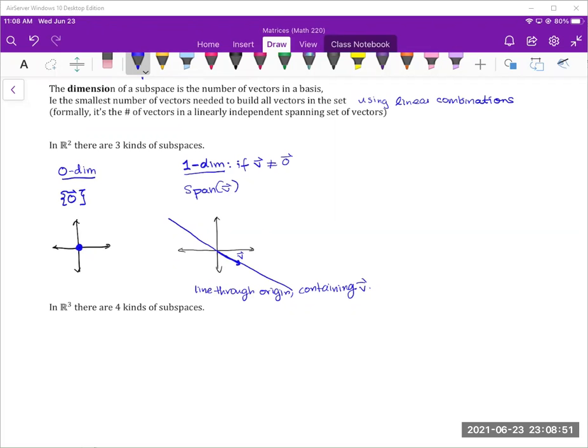And then there are 2-dimensional subspaces, right? If we think about all of the vectors that we can build with 2 linearly independent vectors in R2, well, that's everything, right? So for example, you might have as a basis (1, 0) and (0, 1). We can get to all vectors in R2 using this basis.